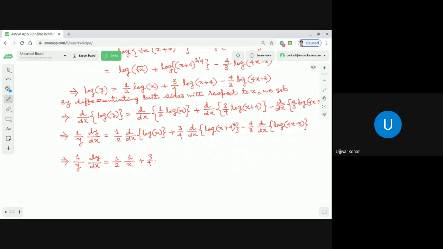Let's assume x plus 4 is in the blue circle. d/dx of log of that blue circle means 1 by blue circle into d/dx of that blue circle.